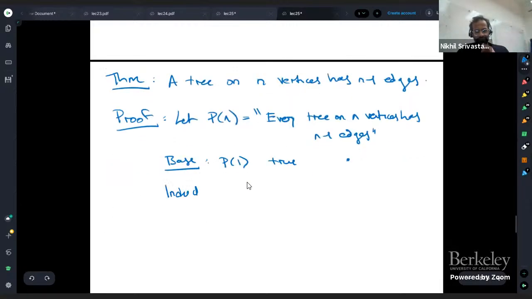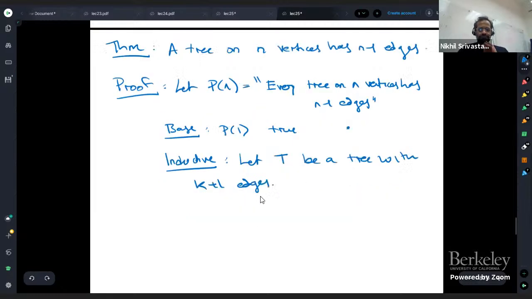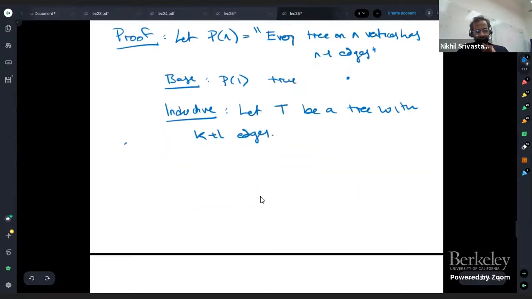And the inductive step: let T be a tree with k plus 1 vertices. So there's some tree T here. Okay, I don't know. That's a tree, okay?